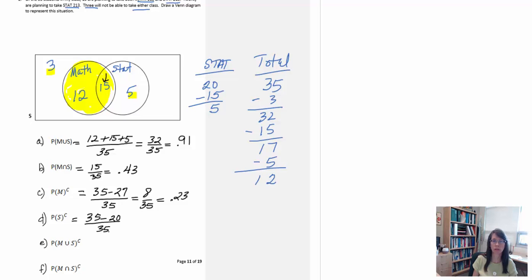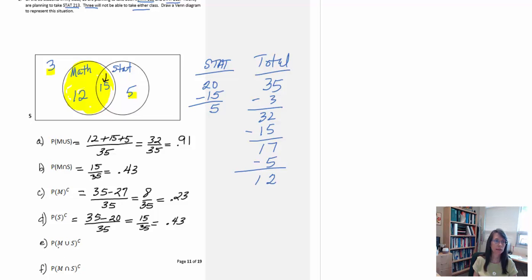That will leave us the students that are not in statistics. So not we think of as taking away statistics. So 35 minus 20 would give us 15 out of the 35. And that gives us 0.43. So less than half of the students are not taking statistics.